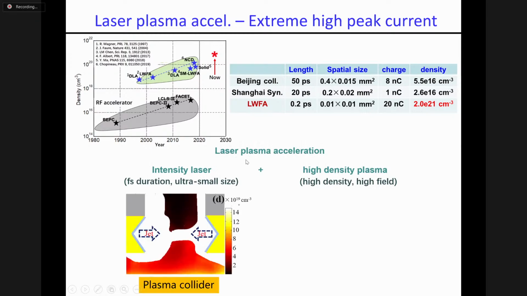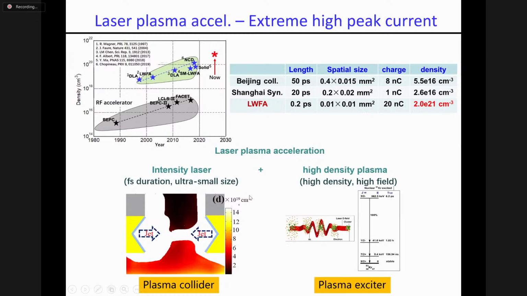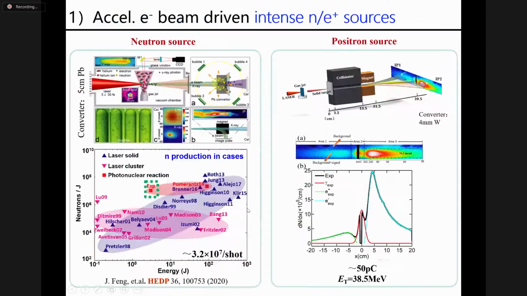So in this case, we think we can construct a kind of laser plasma collider or laser plasma exciter for nuclear applications. For example, if we use a laser wakefield accelerated electron beam and hit some converter target and produce neutrons.